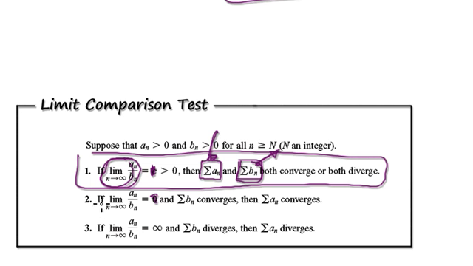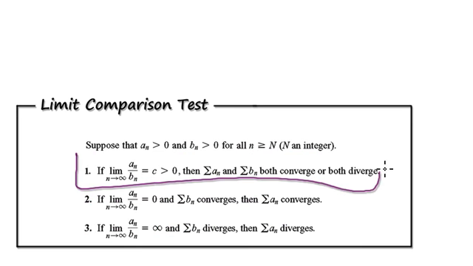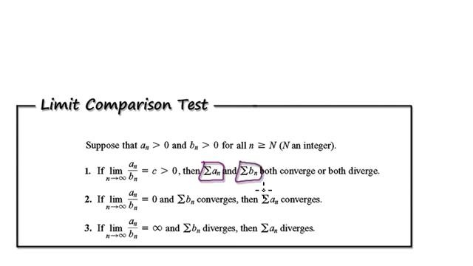Well, 1 is not 0, so this is out of the question. The value equals 1, and 1 is not infinity, so we don't need to consider this. We need to consider this one. It's saying that these two act in unison with each other.